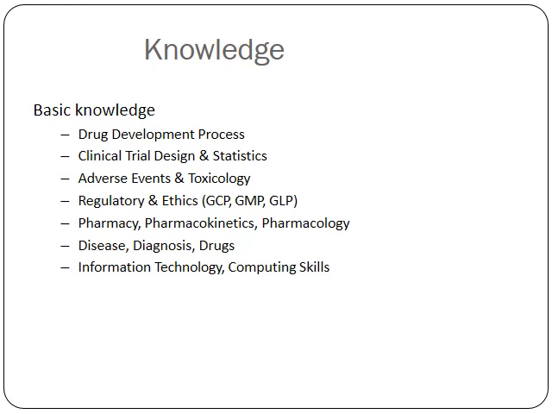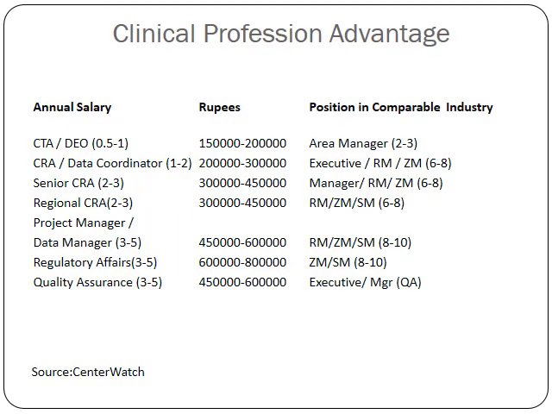So toxicology is the study of the toxins, regulatory and the ethics. Also idea about GCP, which is good clinical practices, GMP, good manufacturing practices, GLP is good laboratory practices, pharmacy, pharmacokinetics and pharmacology, also including the knowledge about the disease diagnosis, drugs, information technology and computing skills.